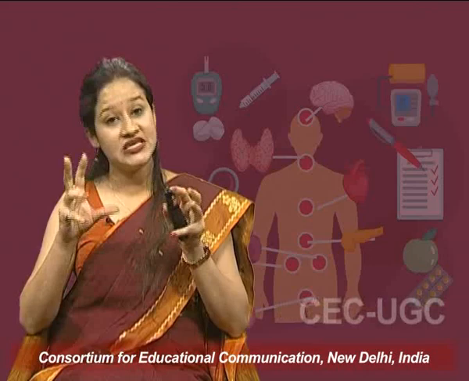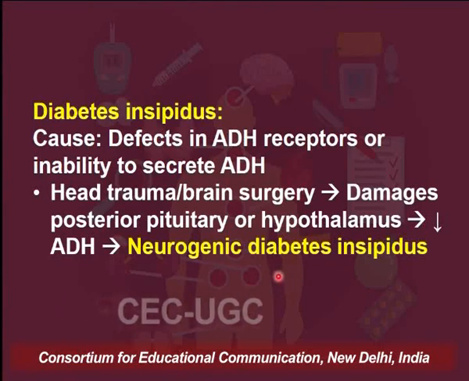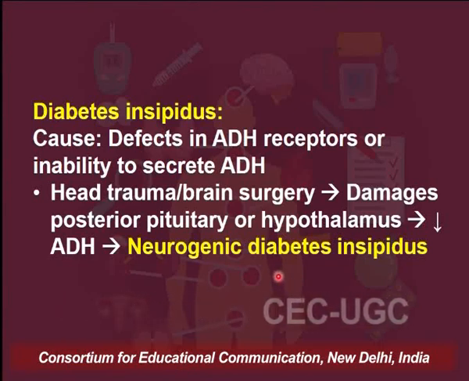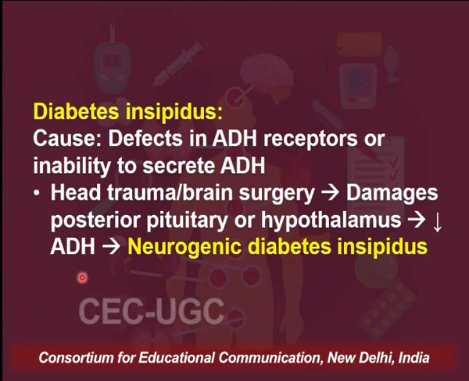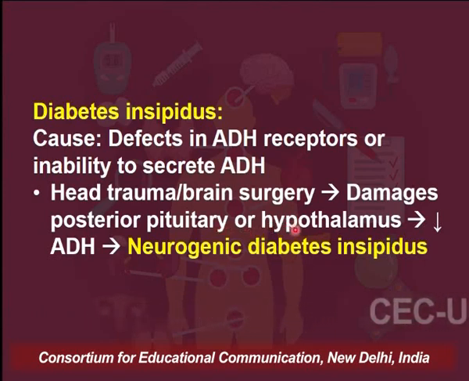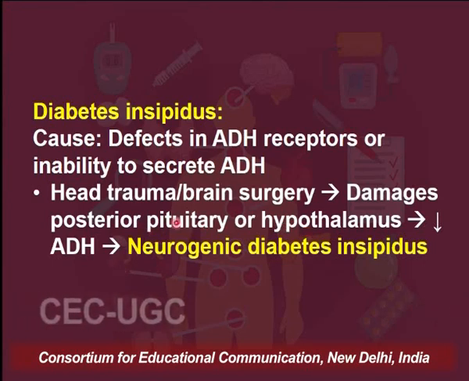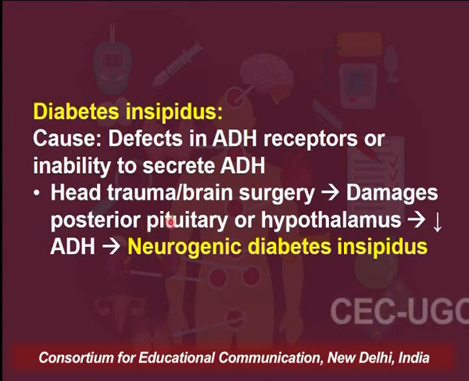This diabetes insipidus in turn is of two types. One is neurogenic diabetes insipidus, which occurs when there is a decrease in the secretion of ADH. Now, when can this condition arise? It can arise if there is any kind of damage to the neurosecretory cells of the hypothalamus which were producing ADH, or if there is any kind of damage in the posterior pituitary, because it is the posterior pituitary from where the ADH has to be released.